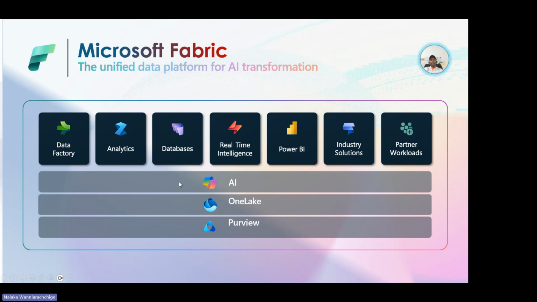You can also see AI, OneLake, and Purview powering Fabric: Copilot for the AI, OneLake for one copy of data, and Purview for data management and data governance. If I try to explain all of these workloads and give an introduction to Fabric, it might take more time. Because of that, I have narrowed down my focus only onto the real-time intelligence part, right?